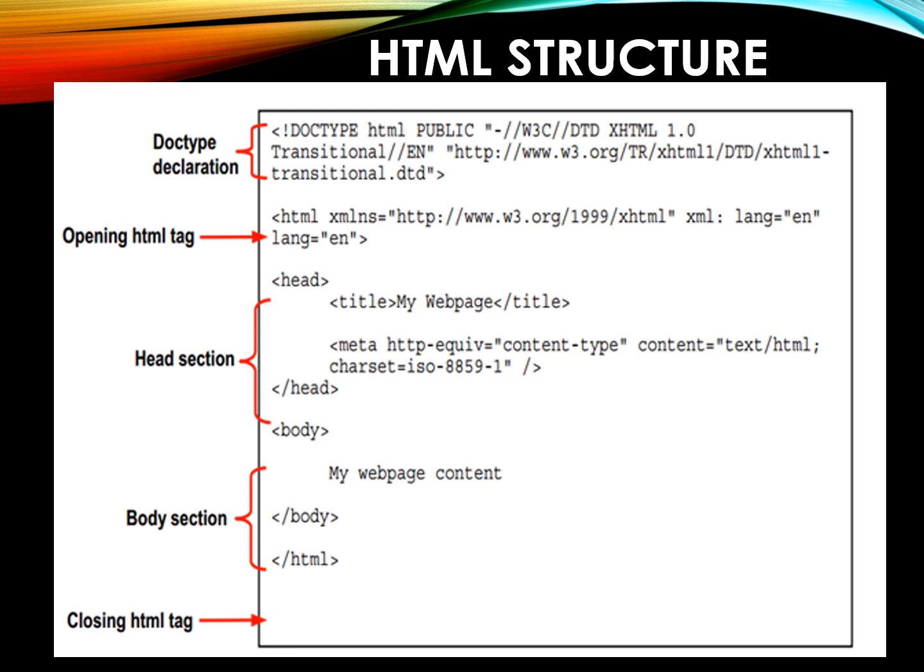Then finally, to complete this HTML document, you have to close the html tag, and you have to save your file. You type this in the text editor and finally save the file.